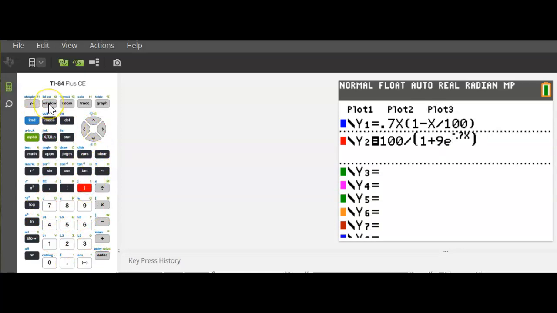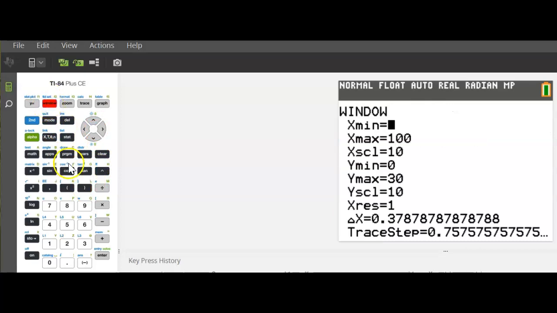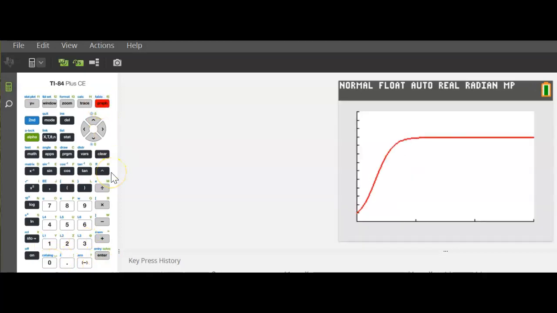The window for this graph can be changed to X min is still 0, X max is 30, Y min is 0, Y max is 130. This is the solution to the differential equation. Notice how it starts off exponential, like we learned in the notes. In the beginning, it's exponential, but eventually it tapers off.